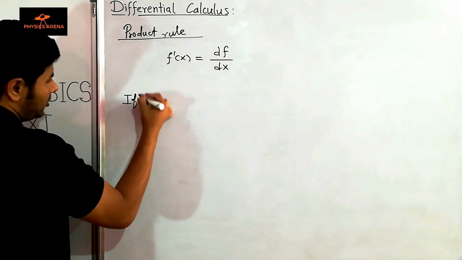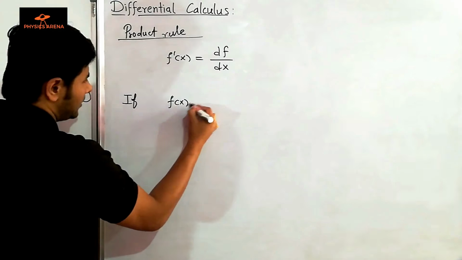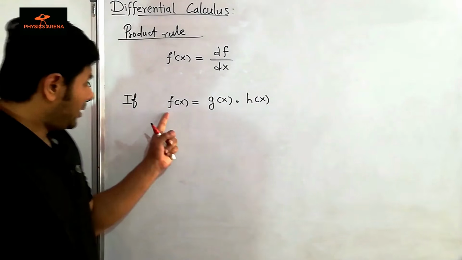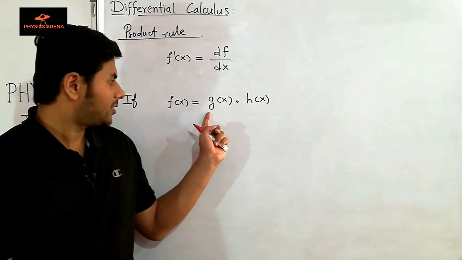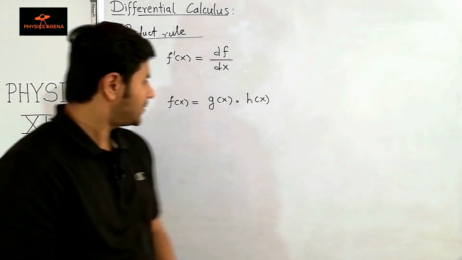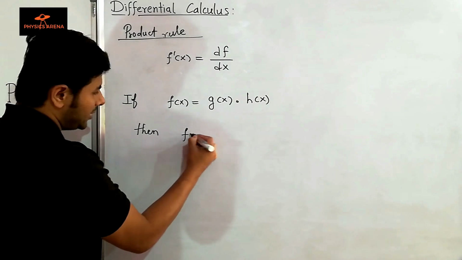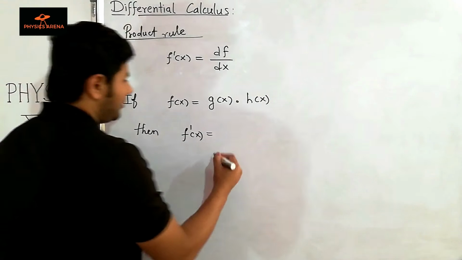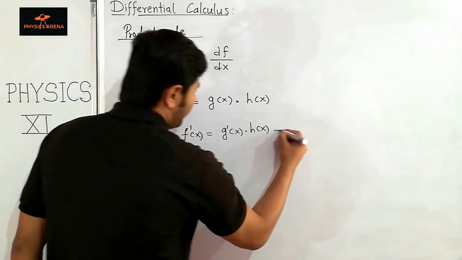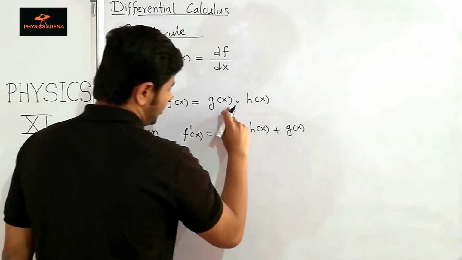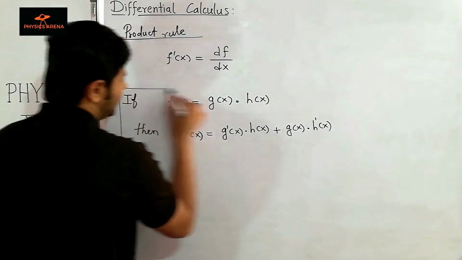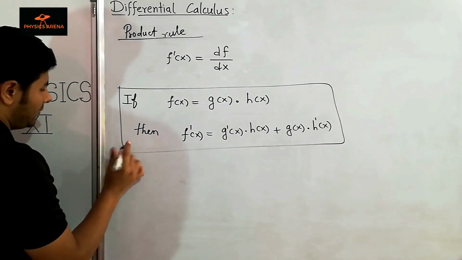So product rule goes like this: if f of x is equal to g of x multiplied by h of x, f is a function of x which is product of these two functions g of x and h of x, then derivative of f of x is equal to derivative of first function multiplied by second function as it is, plus first function as it is, g of x, multiplied by derivative of second function, so h prime x. So this is the product rule, and it is very important.